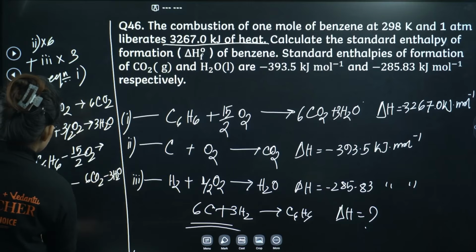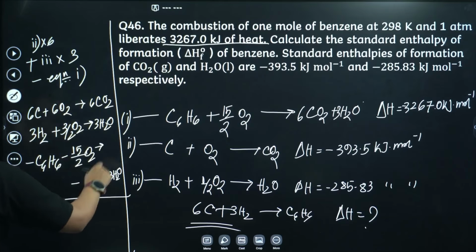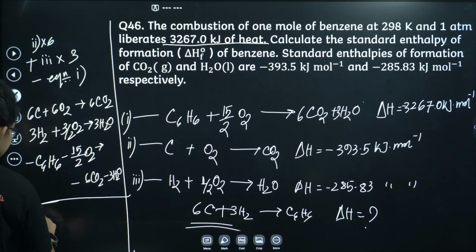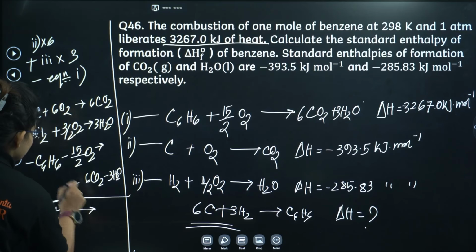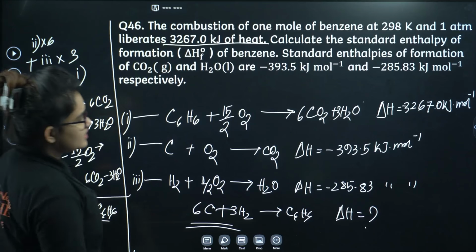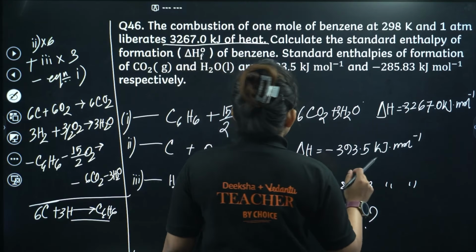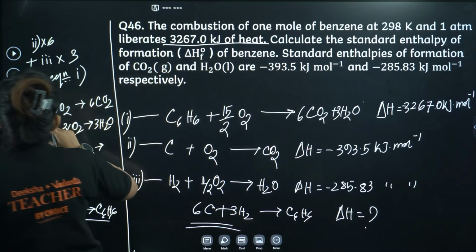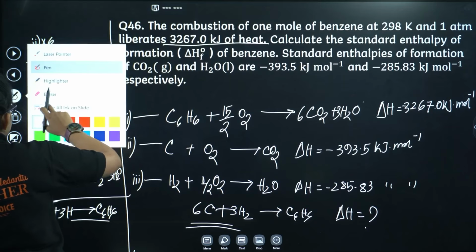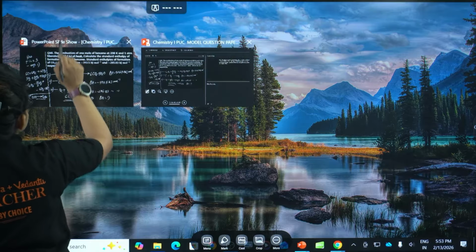Everything will be cancelled out, you can see, and C6H6 will go to that side and you will end up with 6 carbon plus 3H2 will give you C6H6. So I got the final equation. Now let's calculate the value. Where should I calculate? Let me just erase this part. Okay, no, let me just do it here.